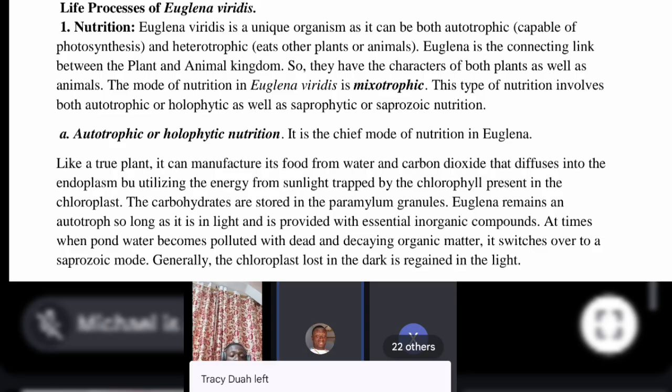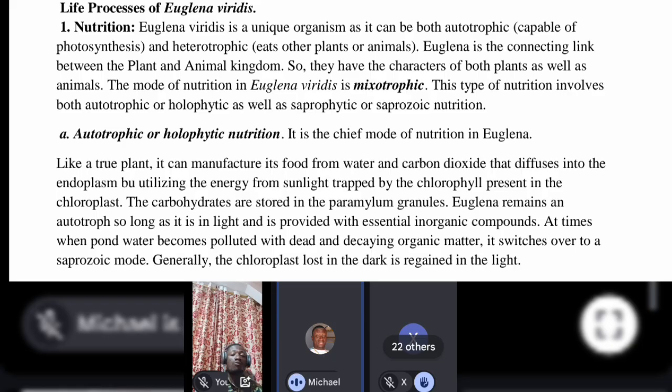So like a true plant, it can manufacture its food from water and carbon dioxide as the inorganic raw materials. Then with the help of sunlight trapped by the chlorophyll in the chloroplast, it can undergo photosynthesis to prepare its own food. So the carbohydrates are stored in the paramylon granules.